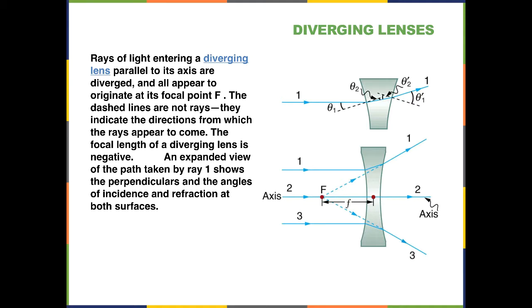And this is called the focal point of the diverging lens. And the focal length is from the center to this point, and the focal length of a diverging lens is negative because it's on the same side as the source. So a diverging lens is a lens that causes light rays to bend away from its axis.